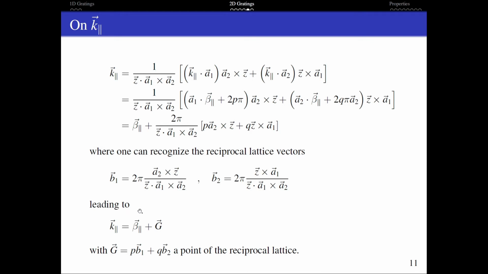So once again, we have the output parallel k vector being the input parallel beta vector plus a term of the reciprocal lattice. So this is exactly the same thing as for the 1D grating, but in 2D in this case.